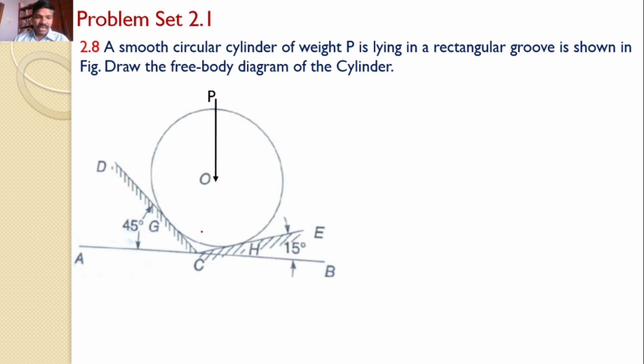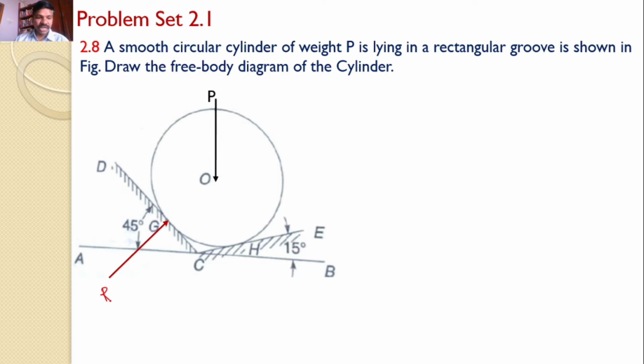Now since the cylinder is supported at point G, this support will introduce a reaction force which is perpendicular to DC and towards the cylinder like this.